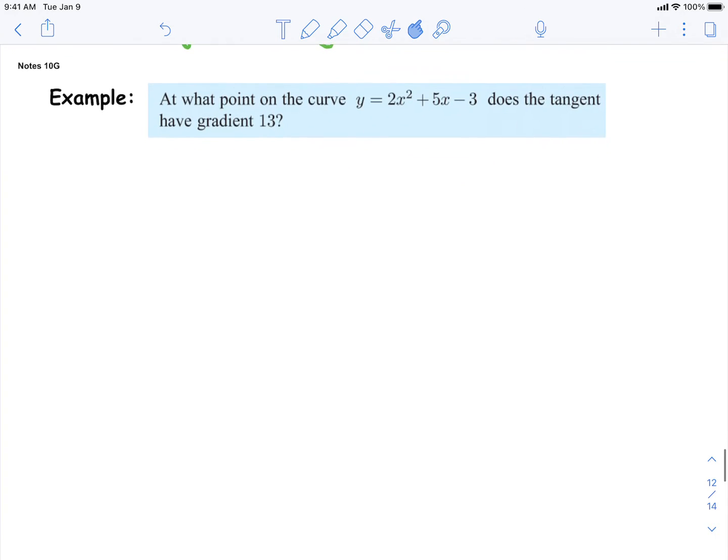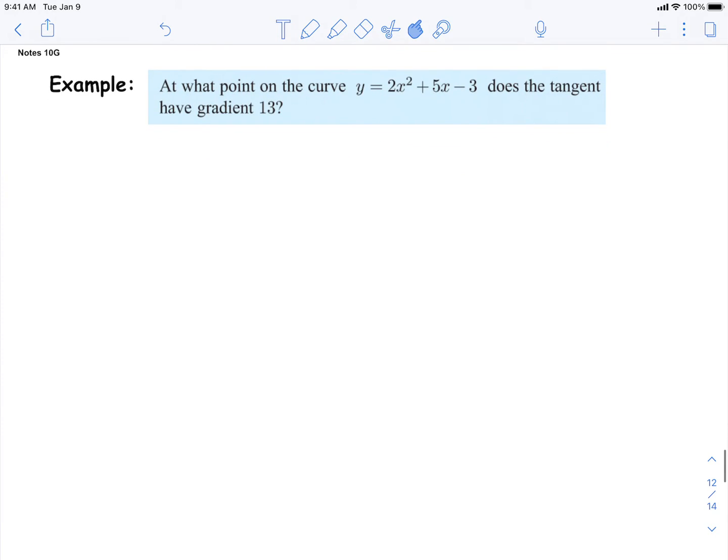Here's another example. At what point on the curve for this function does the tangent have a slope of 13? So we first need to find the derivative function. So we're going to use our power rule.